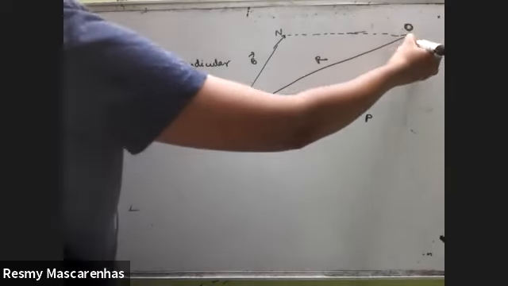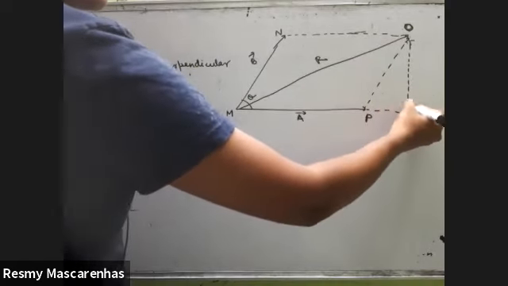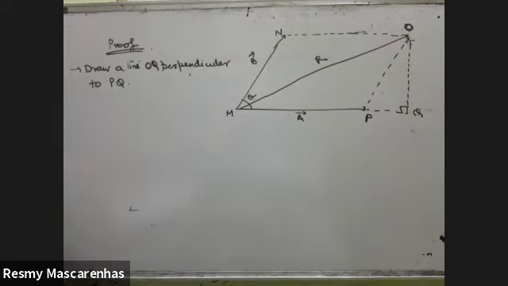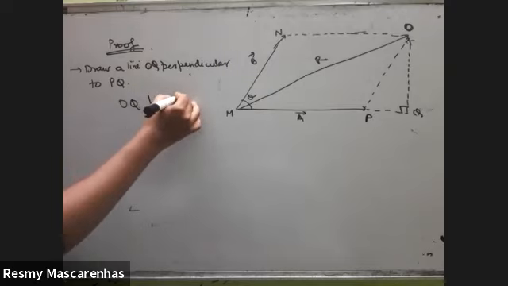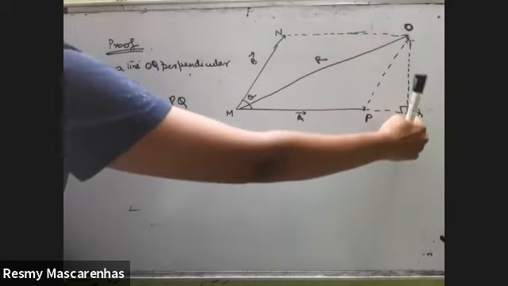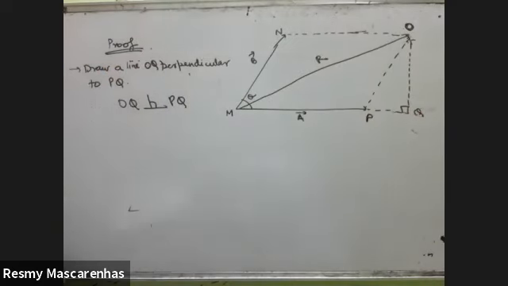It means you just have to extend this and name it as Q. We can draw a line OQ which is perpendicular to PQ. So this is the main condition. You just extend this line, mark it as Q. So definitely OQ is perpendicular to PQ.